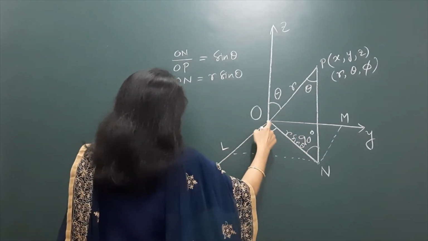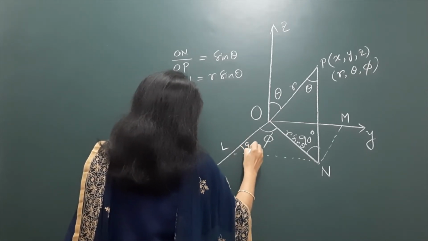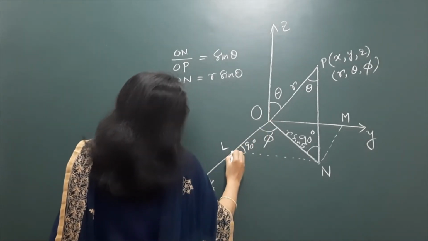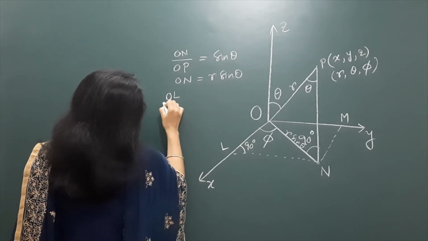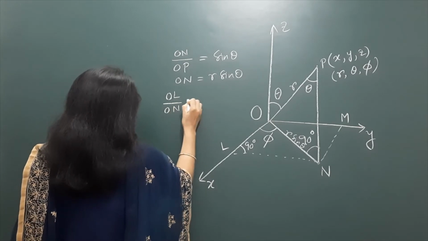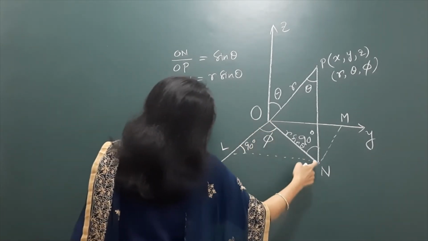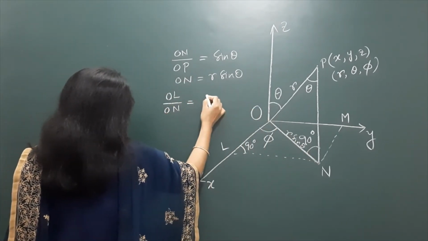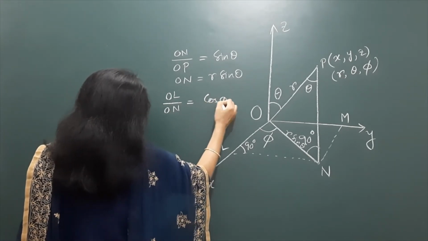Now from the triangle OLN, here angle OLN is 90 degree. So OL by ON is base by hypotenuse, that is cos phi.